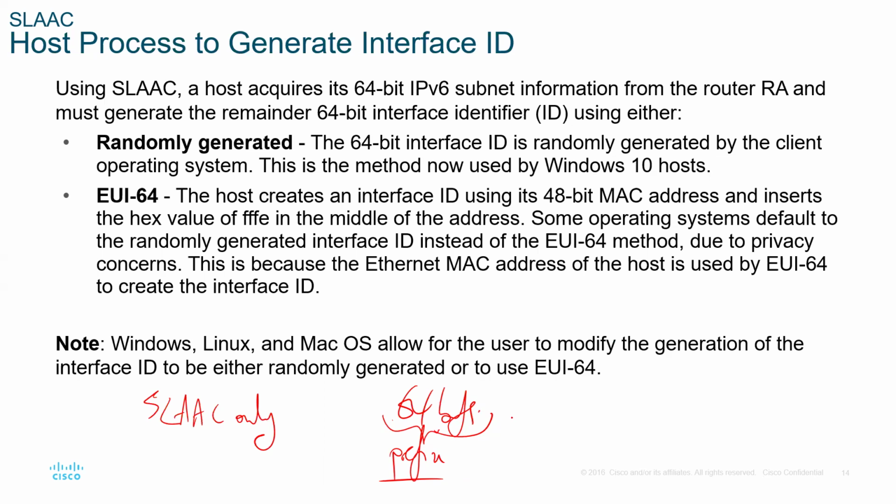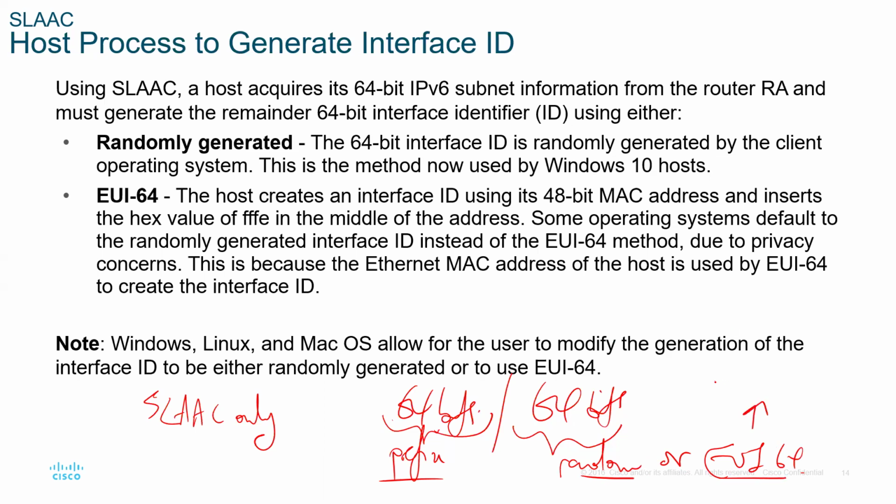The network portion, this is what we get if we are using SLAAC only. The rest of the 64 bits that make up the IPv6 address is either generated randomly or by using the EUI-64 process. Random is the word.